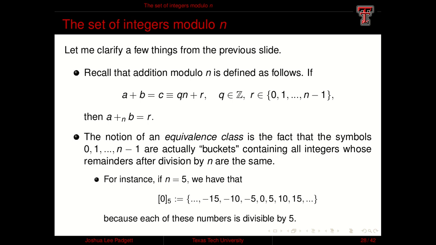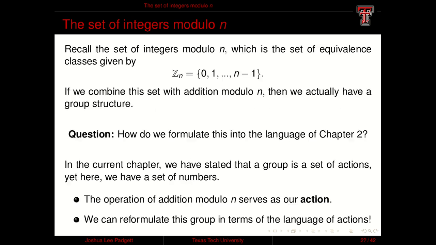When I write it like this, a plus b modulo n is simply r. In layman's terms, this is: add a and b, divide by n, and take the remainder that you get, and that's your answer. Now, moreover, each of these elements here, 0, 1, ..., n minus 1, are actually equivalence classes.